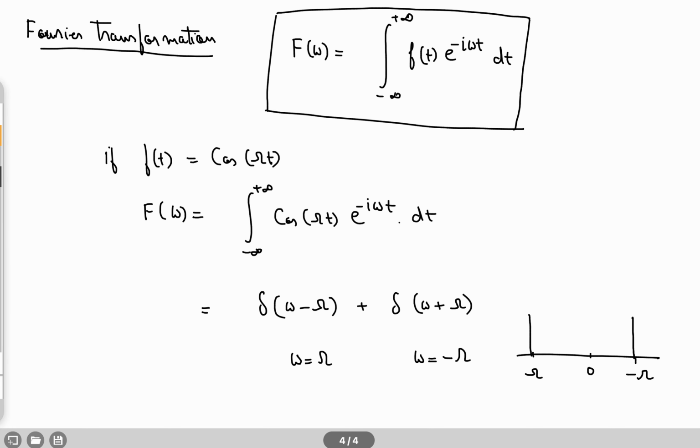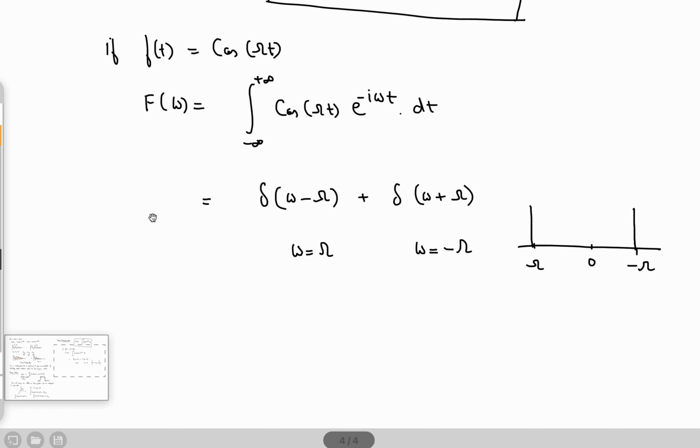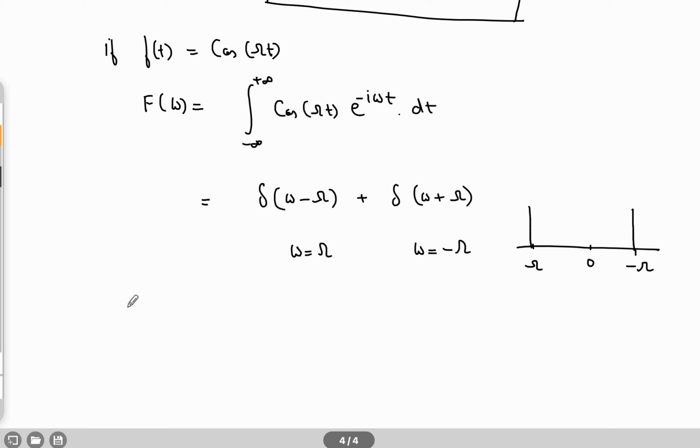Okay. Similarly, if you do it for sine, so if your f(t) is composed of sin(offset t), then F(ω), you apply the same formula, and what you get here, instead of plus you get a negative.